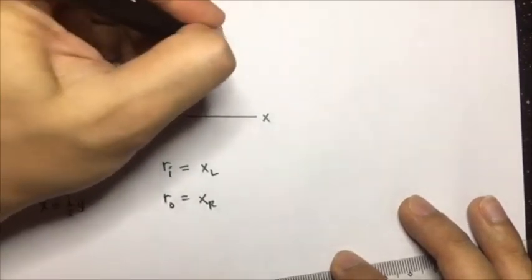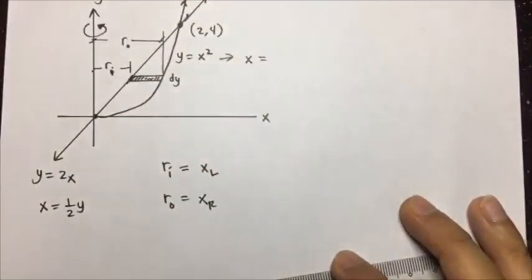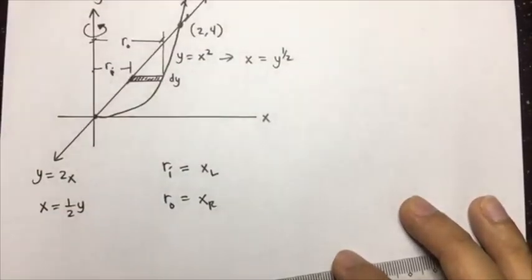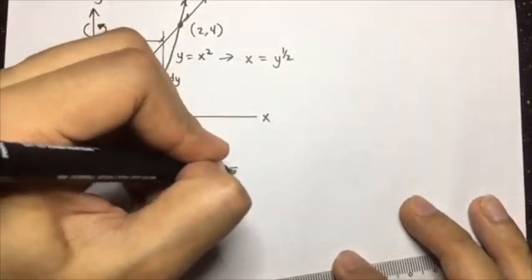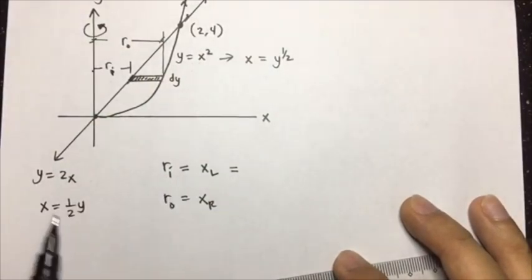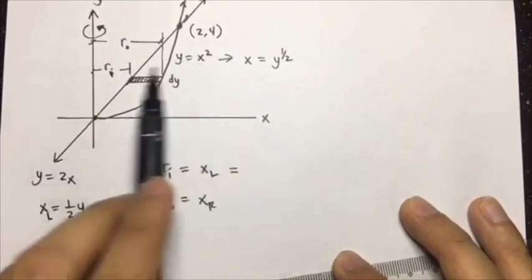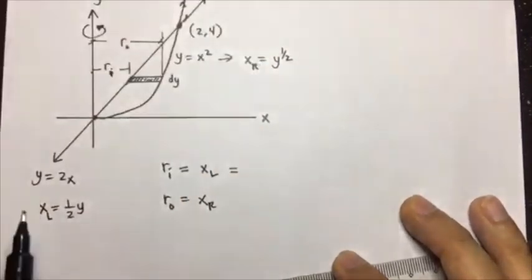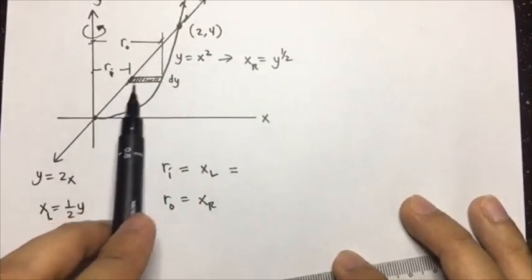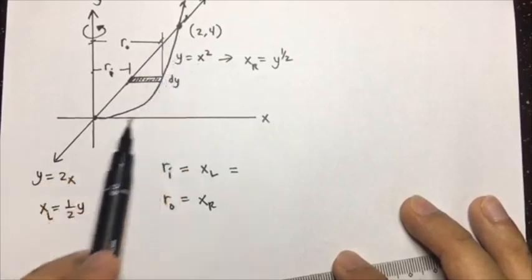Here also, if y is equal to x squared, therefore x is equal to square root of y, or y raised to 1/2. So our xl, which is the inside radius, will correspond to x equal to 1/2 of y. This is our xl, and this is our xr. This is xl because the left end of the strip touches the line, while the right side touches the parabola.